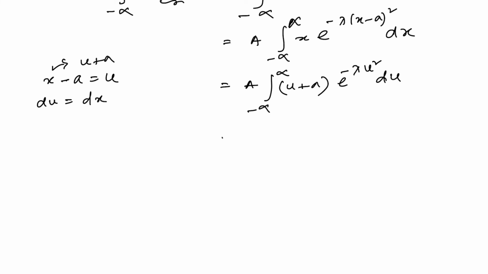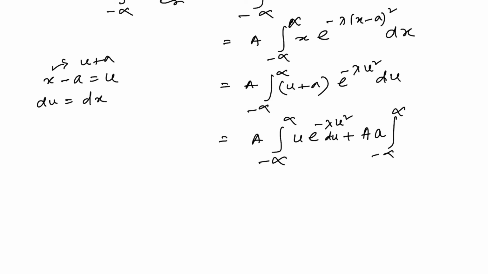If you integrate this, minus infinity to plus infinity, here u e to the power minus lambda u square du, then you will get plus a, small a, times the integral from minus infinity to plus infinity of e to the power minus lambda u square du.